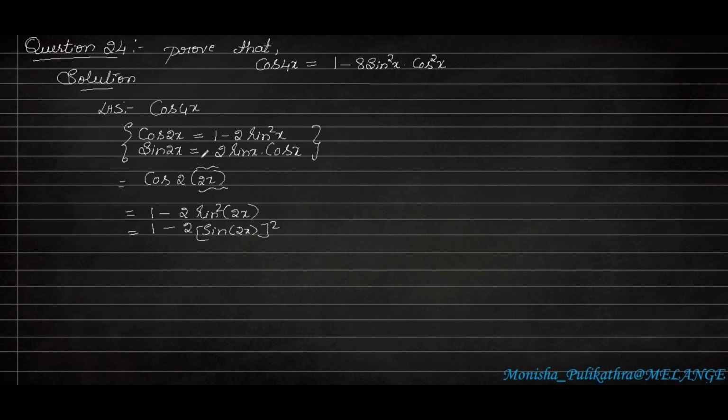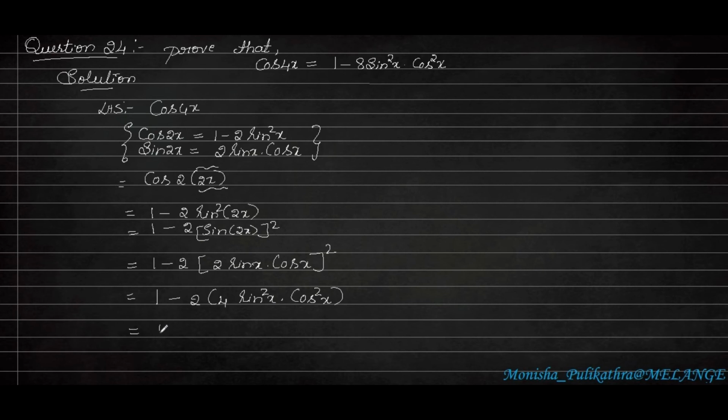Now in this part we have to apply the formula of sin 2x. So it will become 1 minus 2 into 2 sin x cos x whole square. So now we have to square it. 2 square is 4, that will become sin square x into cos square x.